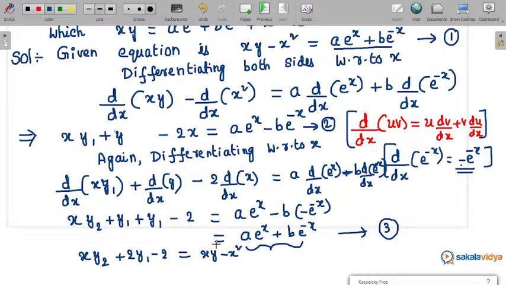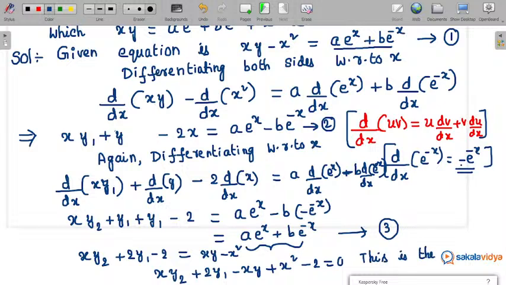So you can simplify further. You bring this side now. So then what do we get? xy2 plus 2y1 minus xy plus x square minus 2 is equal to 0. So this is the required differential equation. This is the required differential equation.